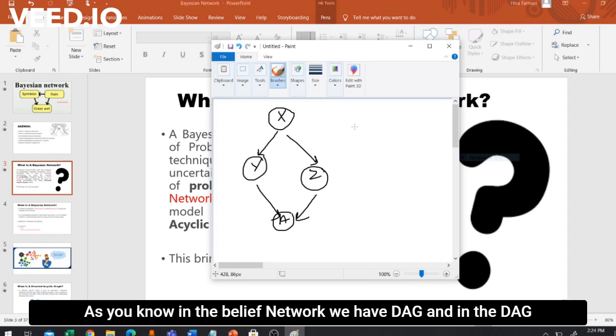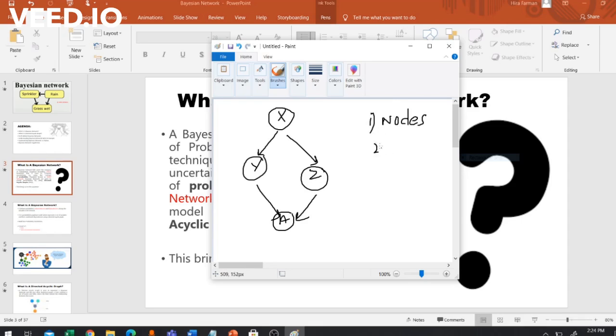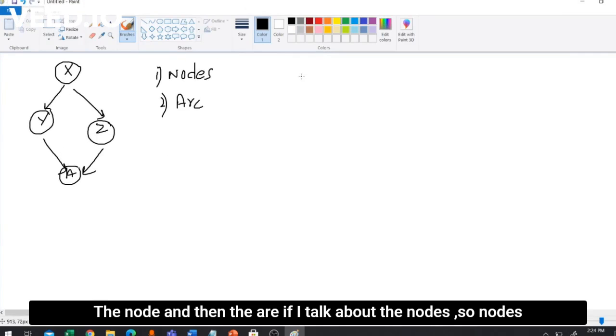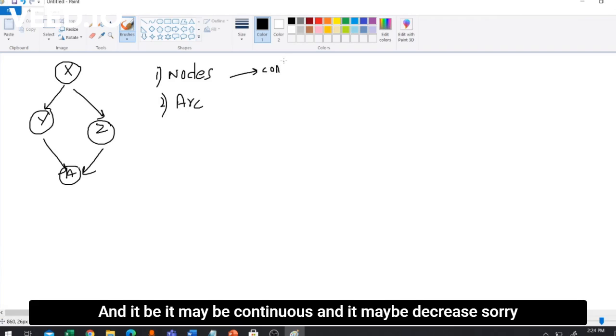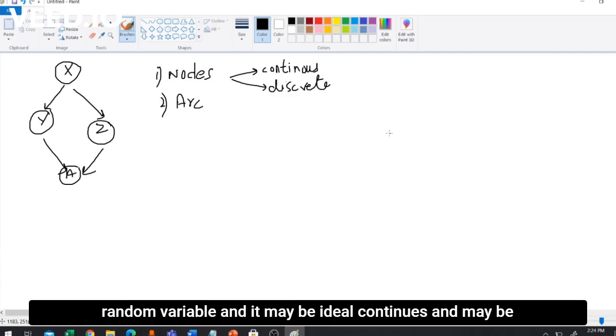In the belief network we have a DAG, and in the DAG we have nodes and arcs. Nodes correspond to random variables, and they may be either continuous or discrete.